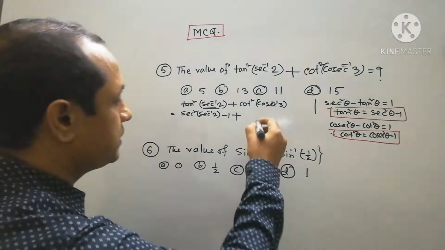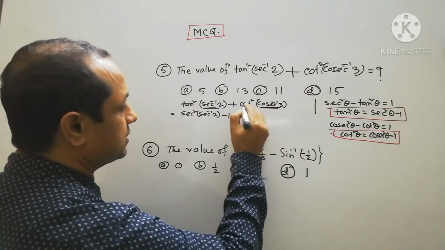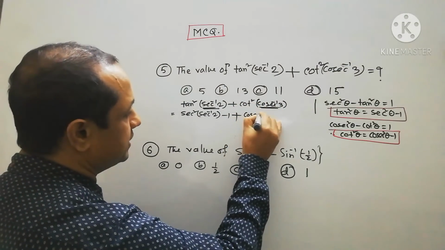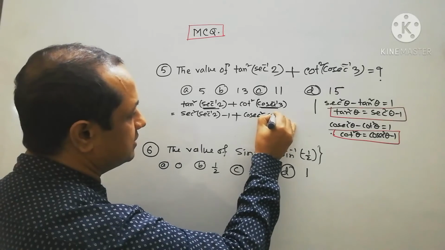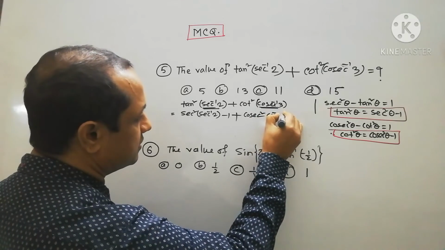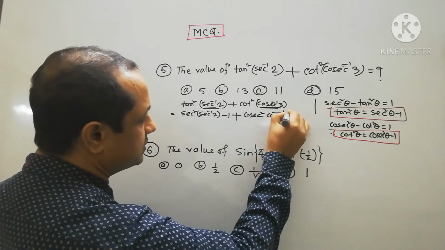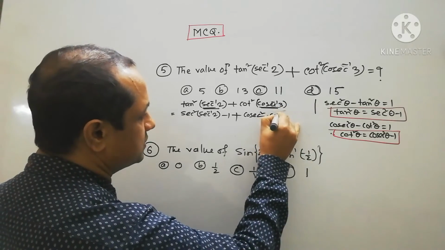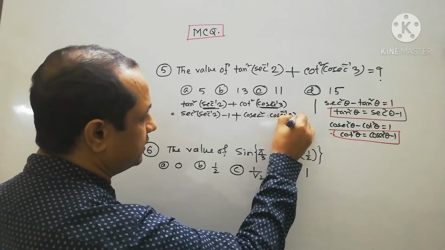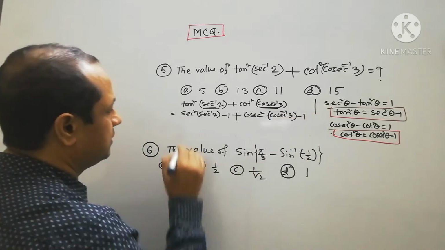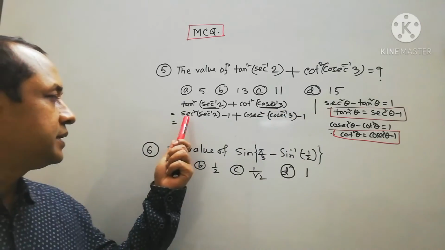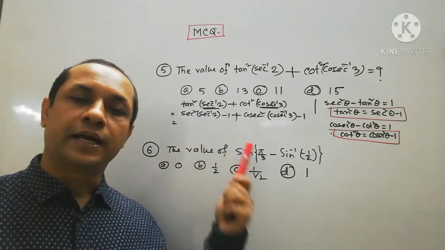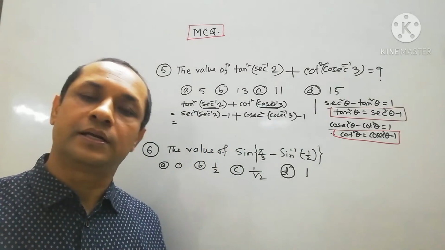Now using the formula, cot square theta equals cosec square theta, theta meaning cosec inverse 3, minus 1. So student, we know that sec square theta and sec theta whole square are the same.